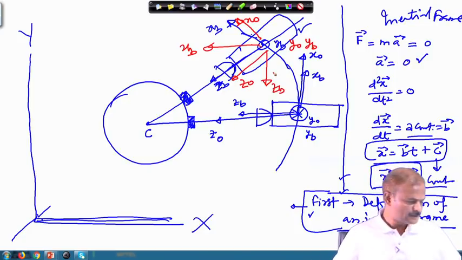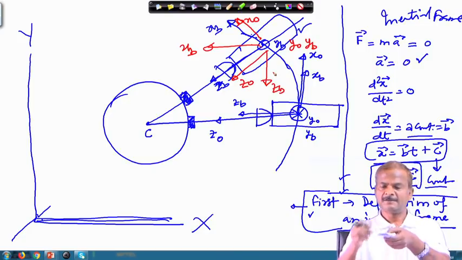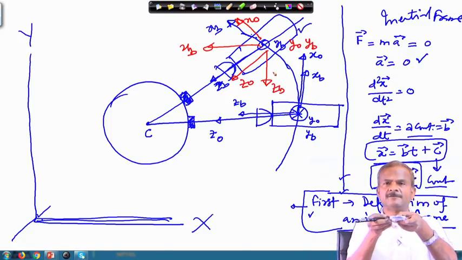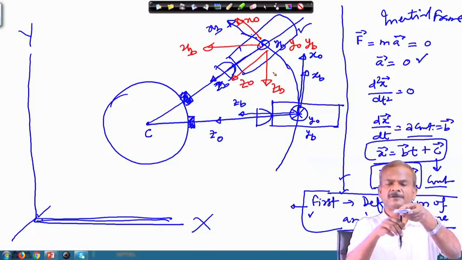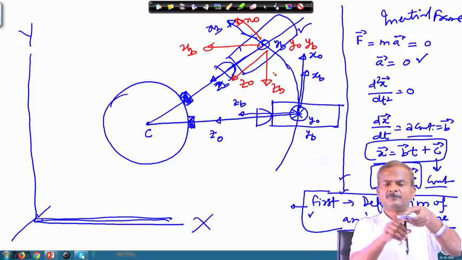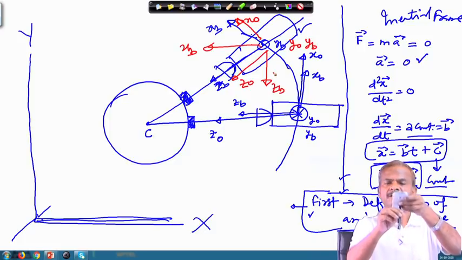So, I have a body here, and this is the x body axis, this is the y body axis, and downward this is the z body axis. So, I can rotate the body about the z axis, I can rotate the body about the x axis, I can rotate the body about its y axis.